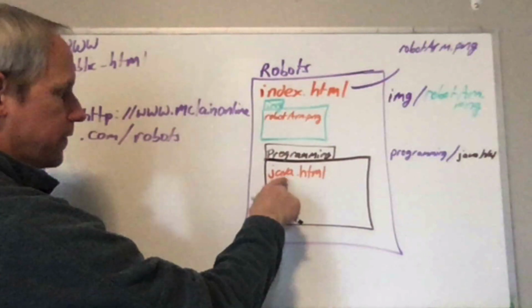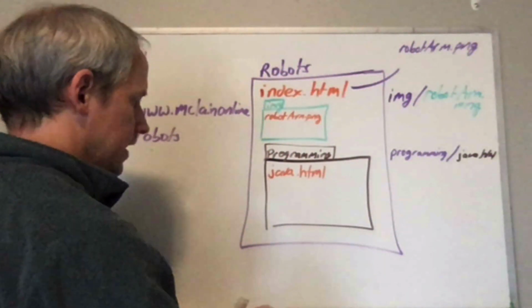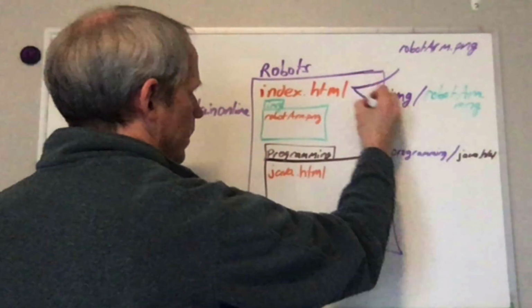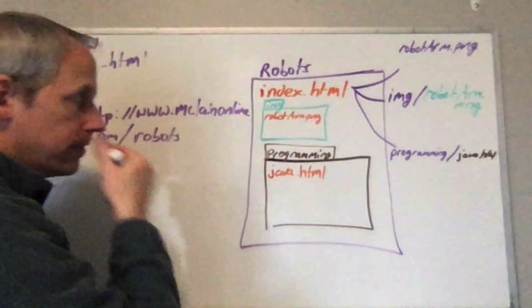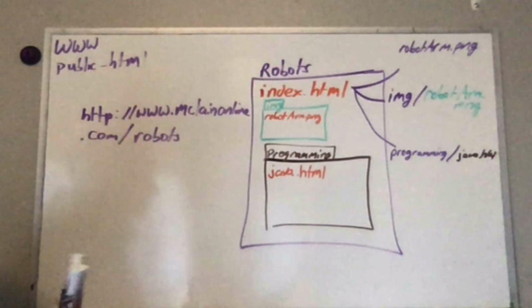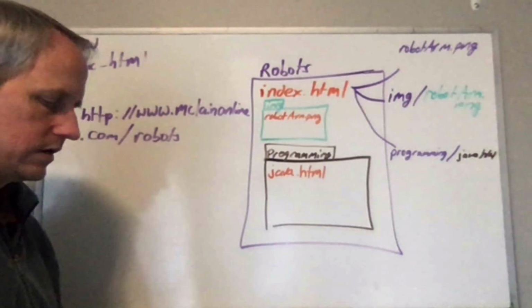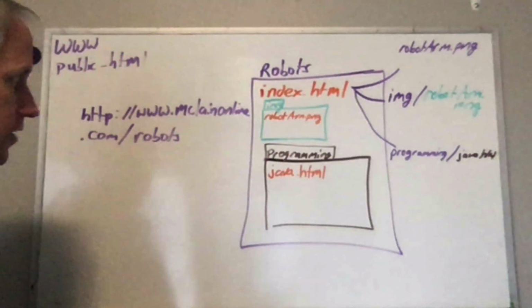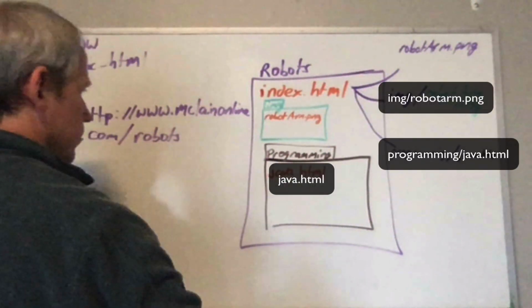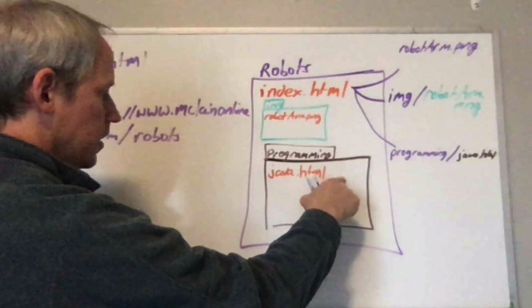If I want to come from Java up to, I'll draw these lines to make it clear. If I want to go from Java up to index.html, then I'm in brown to start, so I can't see anything from there. There's nothing else in this box.